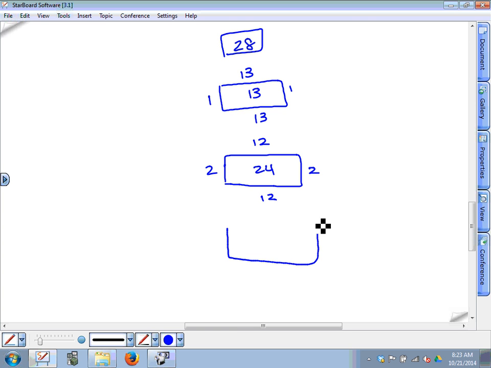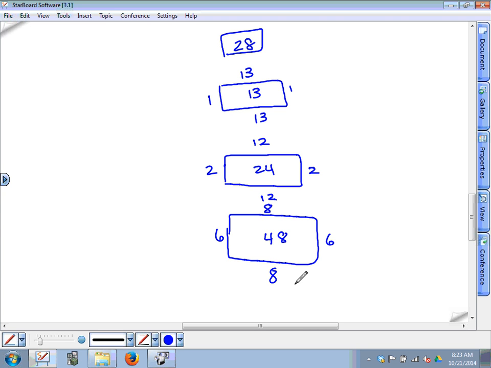What if he did 6 here and 6 here? Well, these have to be 8. So now he's got 6, 6, 8, and 8. It's the same available perimeter of 28, but now what's the area becoming? 48.